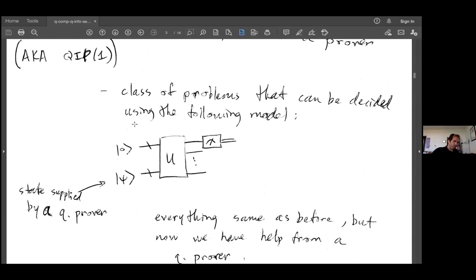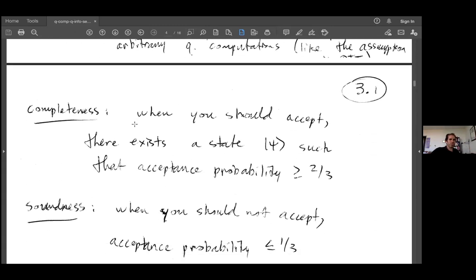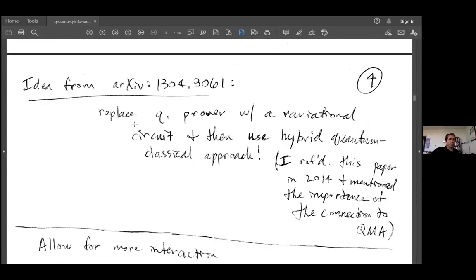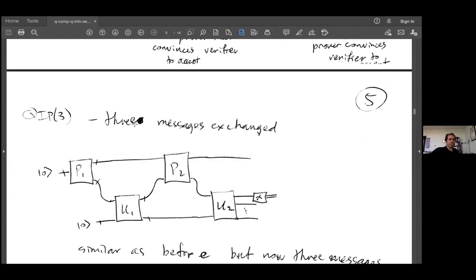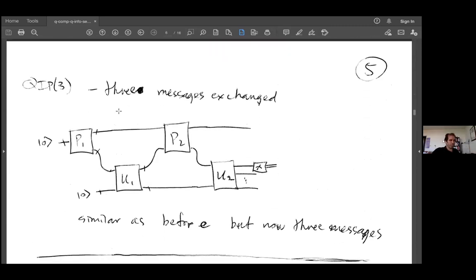So BQP is contained in QMA. For a similar reason, QMA is contained in QIP2, and QIP2 is contained in QIP3. So those are the containments, and QIP3 is the most powerful. There's a famous result of Kitaev and Watrous from the year 2000 that it suffices to have 3 messages exchanged between the verifier and the prover.